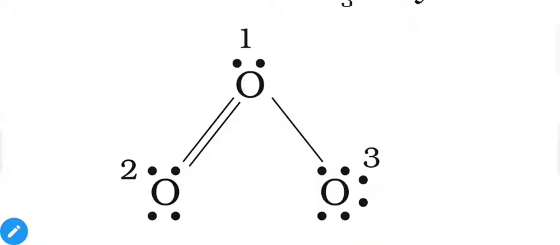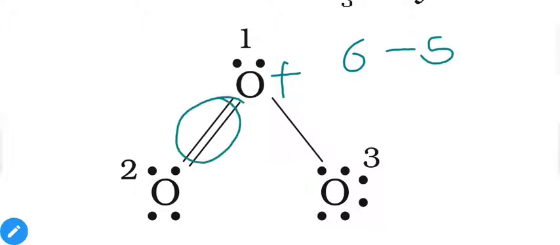That means if you want to put the charges on all of these 3 atoms, then our first atom will be positively charged because it loses 1 electron. Initially, in the free state, the number of electrons was 6. In the molecular state, it has only 5 electrons, 3 shared electrons and 1 lone pair. Our second oxygen contains 6 electrons in the free state and 6 electrons in the molecular state.